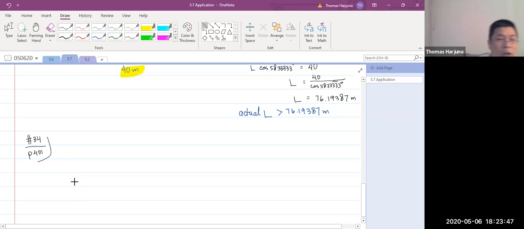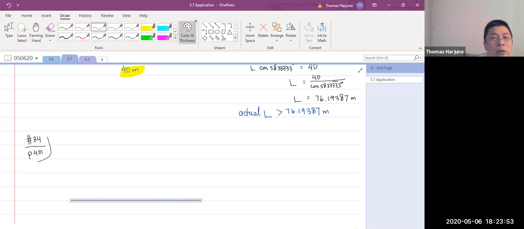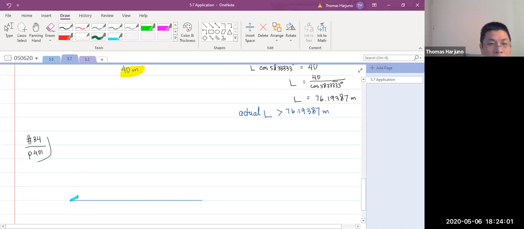So what happened is we have 100 here, and then 25 degrees here, 25 degrees here, and then horizontal. And then 35 degrees.